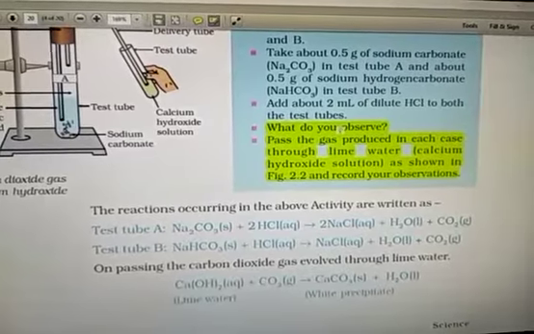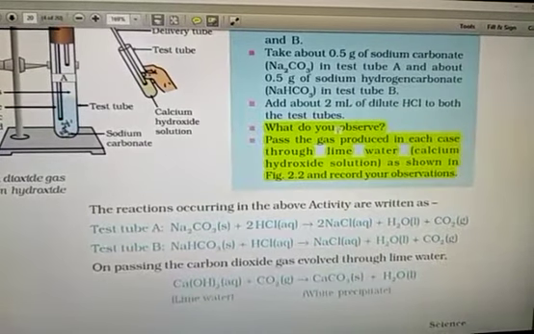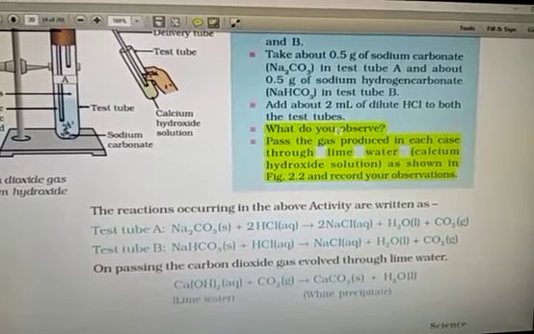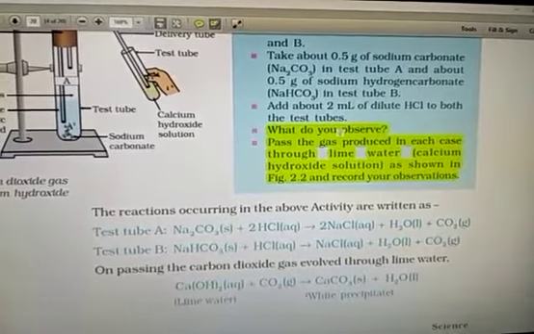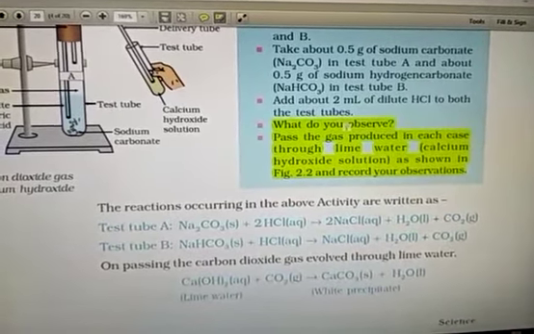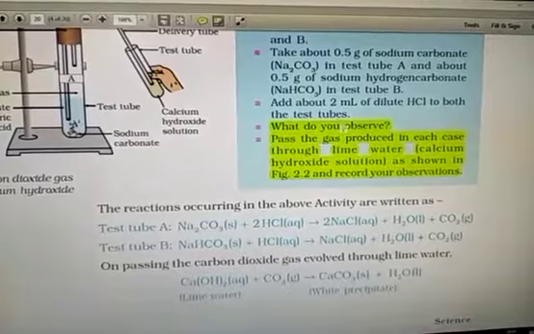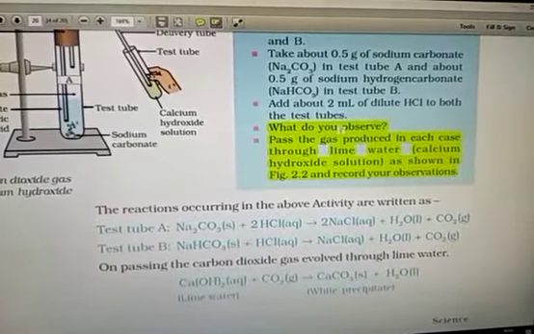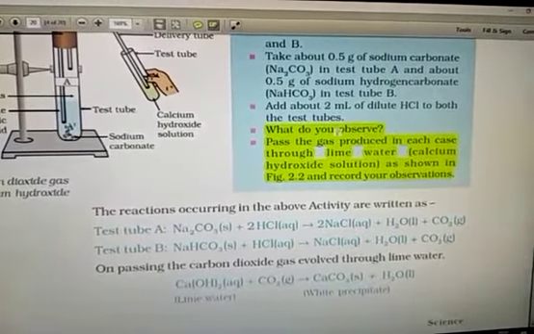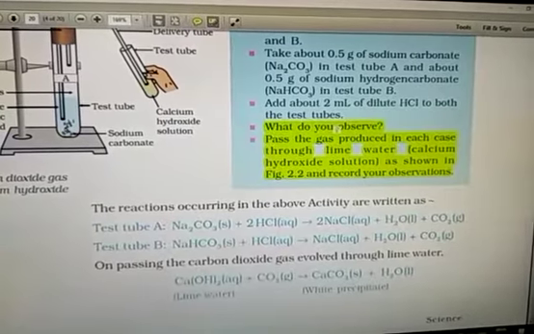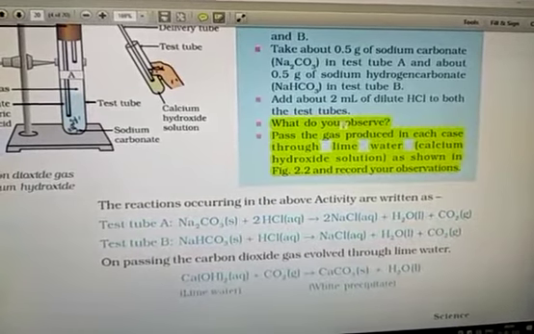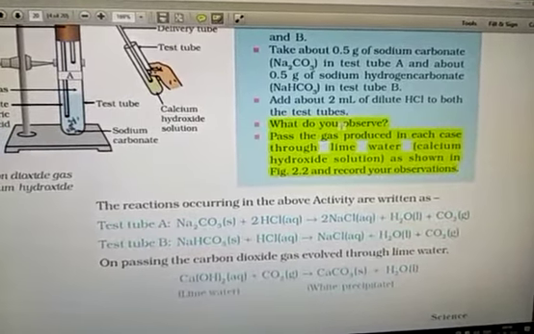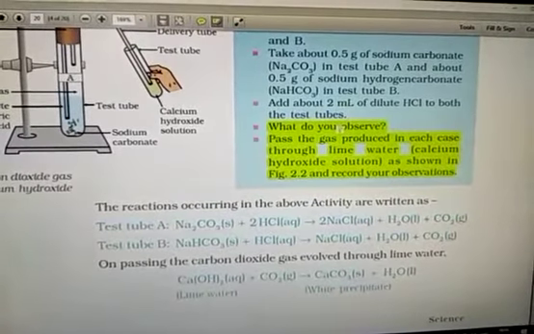But if you continuously pass the gas through the calcium hydroxide solution, this milky color disappears due to formation of calcium bicarbonate. So the conclusion: calcium carbonate is insoluble in water, that's why it gives a milky appearance, but calcium bicarbonate is soluble in water, so the milkiness disappears.